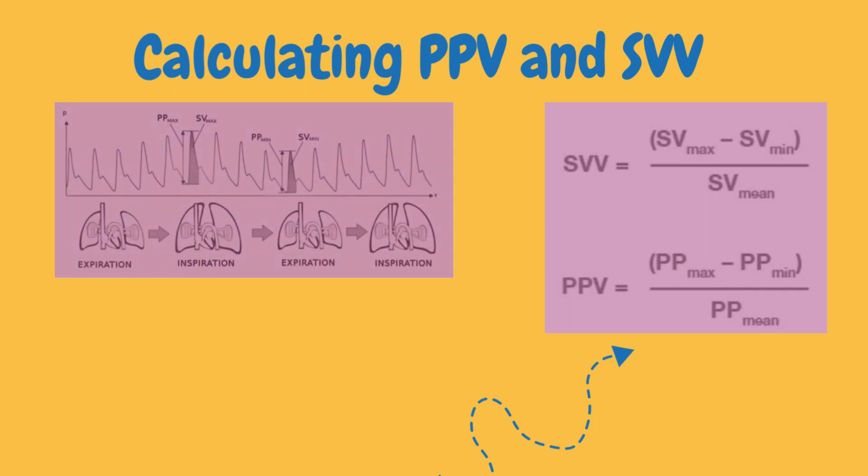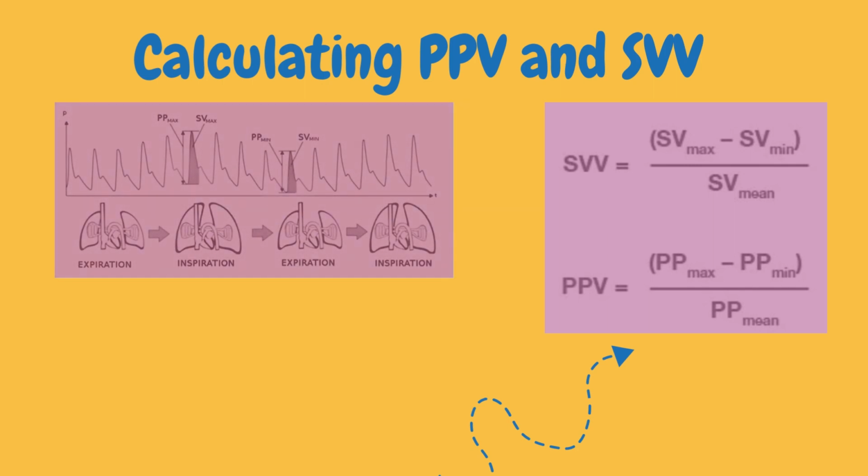Then, we do a little math rumba with these numbers. And finally, the interpretation cha-cha. High SVV means your body's dance needs a partner. It's telling us, "I might need more fluids." Low SVV, on the other hand, is like dancing solo. Your body's saying, "I'm good, no need for extra fluids."